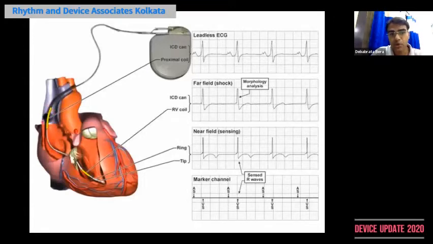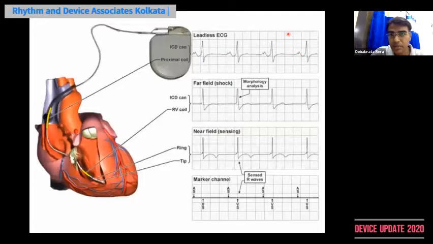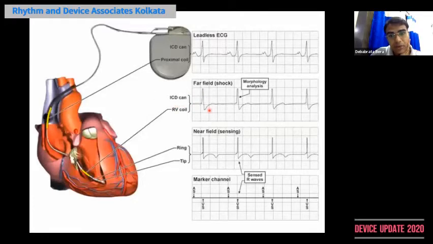Otherwise, it gives erroneous interpretation. In leadless ECG, if you have an SVC coil, it even gives you a contour of the P wave. So from the leadless ECG itself, you know that you have a PQRS, mimicking a single channel electrocardiogram. So just to re-emphasize, we have a far field electrogram and a near field electrogram.